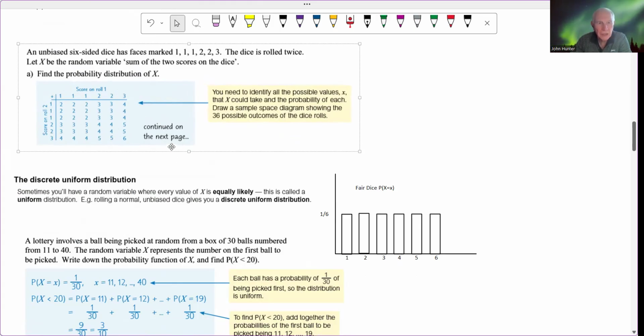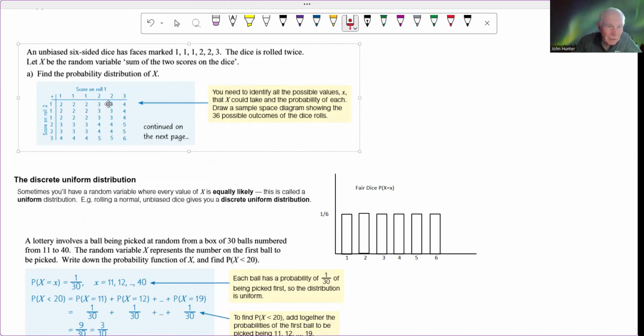So it's an unbiased dice, so all these values in here have got the same probability, and there's 36 of them. So each one has got a probability of 1/36. However, look at 2, for instance.